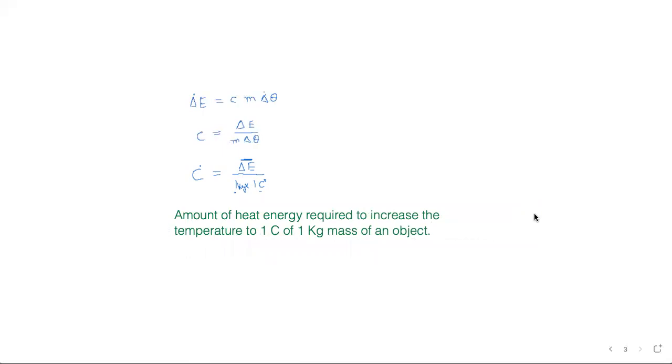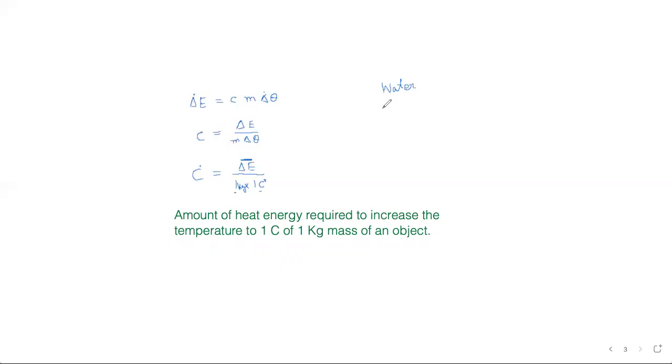No, sir. Okay. So we already said that this heat capacity is a material property. If this is a material property, that means every material will have a different value for heat capacity, isn't it? Yes. For example, take water.